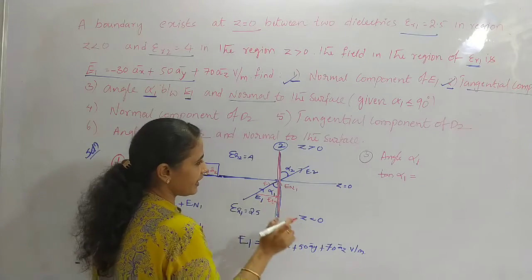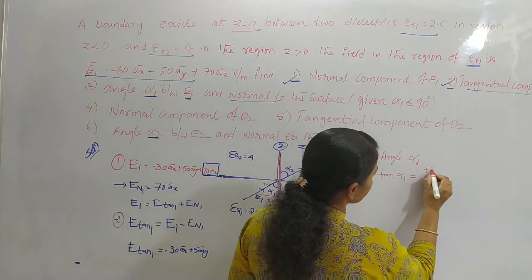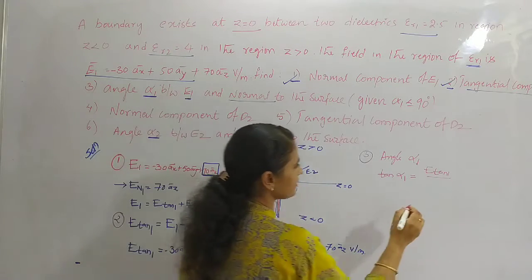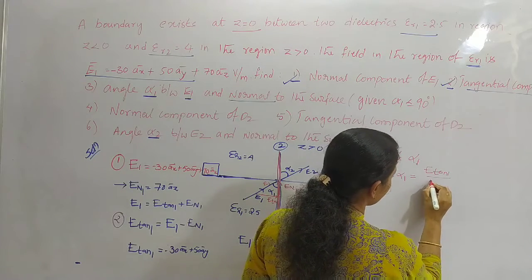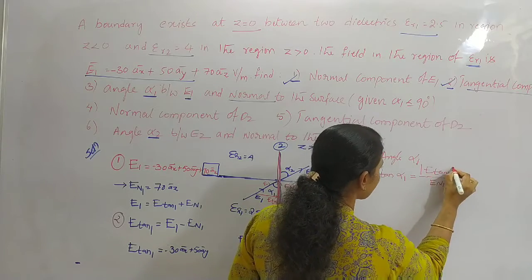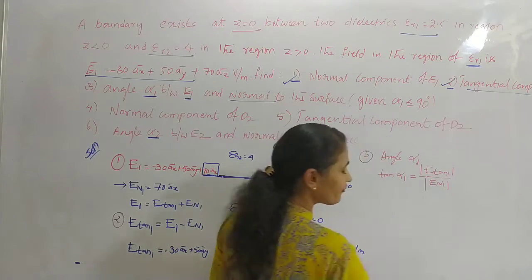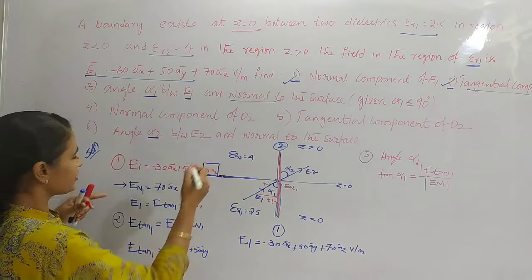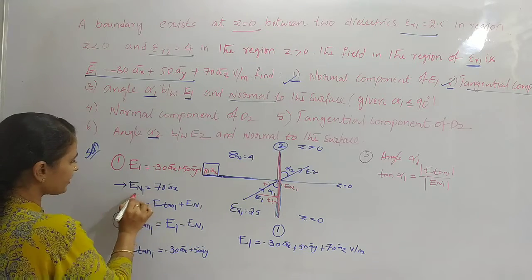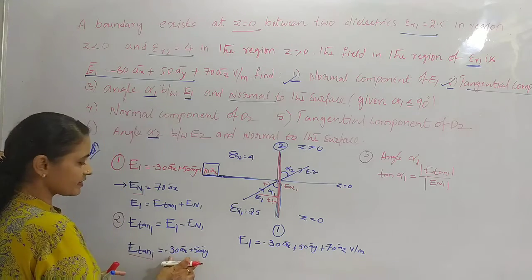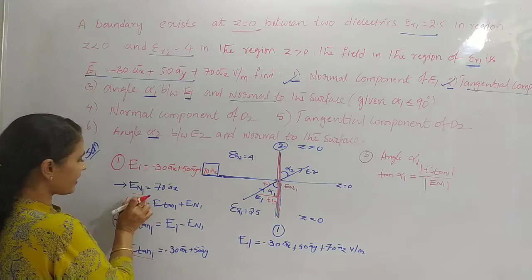The opposite side is E tan 1 and the adjacent side is En1. Both are in magnitude form, the magnitude of E tan 1 over the magnitude of En1, which we obtained in the previous parts of this question.